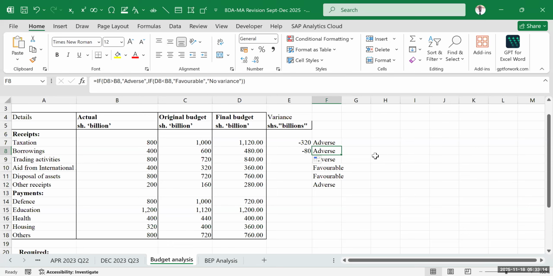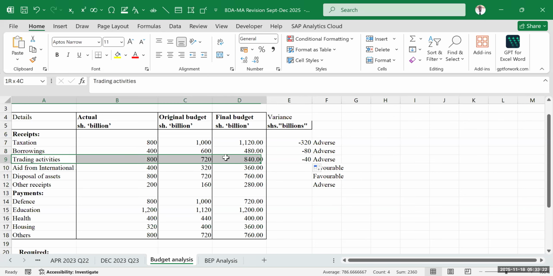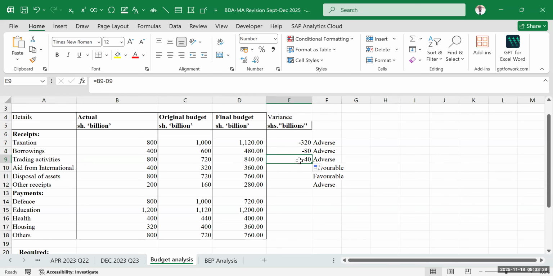It is adverse. If I stretch it one step more, you realize we expected from trading activities to receive 840 billion. But we've only received 800, meaning it is 40 less. The outcome is still adverse, members. If I go a notch higher, from aid from international, we expected those guys to give us 360 billion.